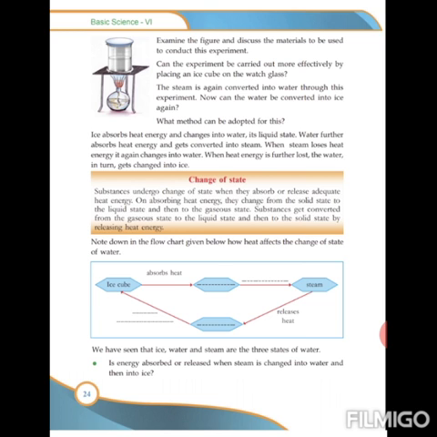Now steam releases heat and changes to liquid or water, and again that liquid changes to ice cube, and there we have to write on cooling. Now we have seen the ice, water and steam are the three states of water. So which are the three states of water? Ice, water and steam.